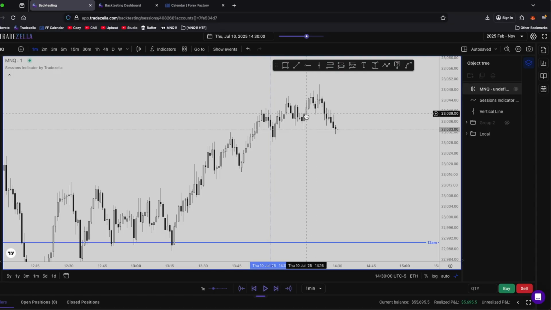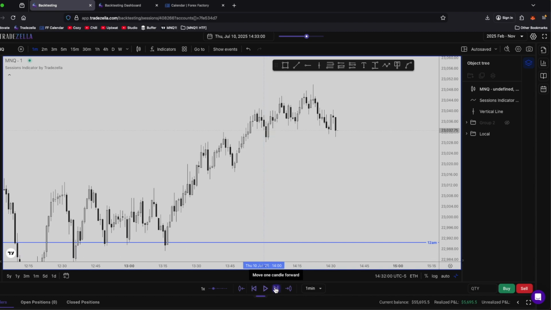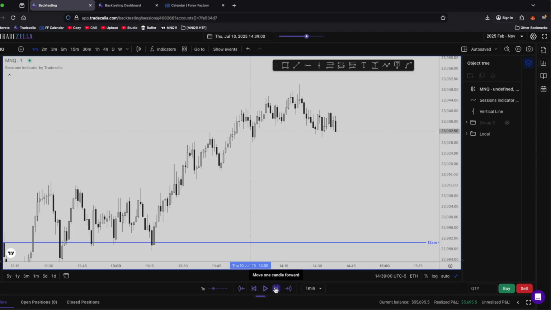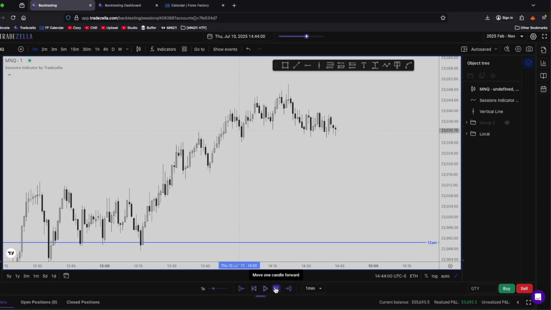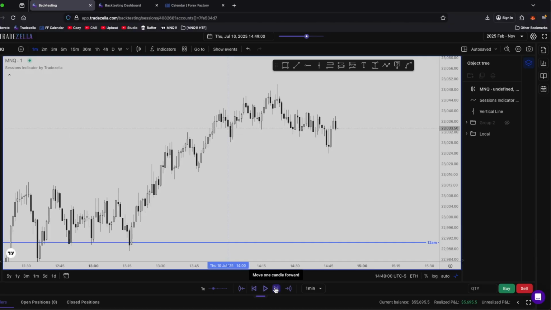So here's another really tiny inversion volume imbalance combo. Closing in on 3 o'clock, price is consolidating. Okay, liquidity sweep, but I don't have a model.